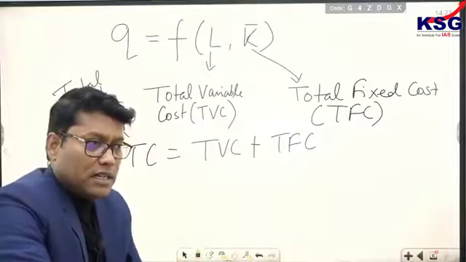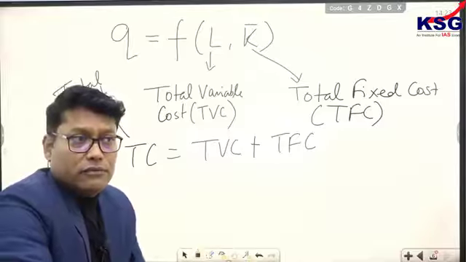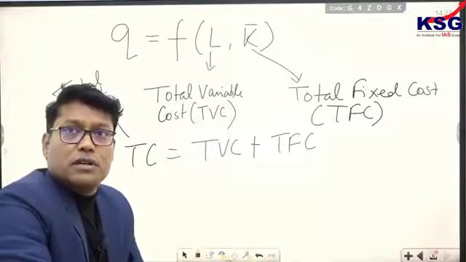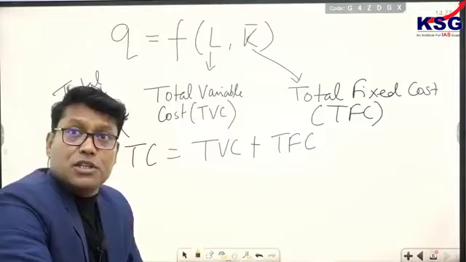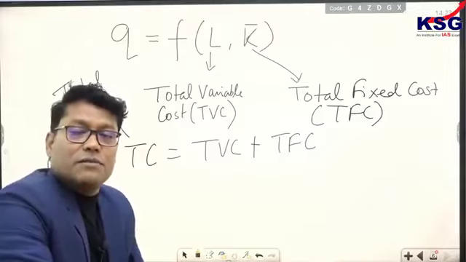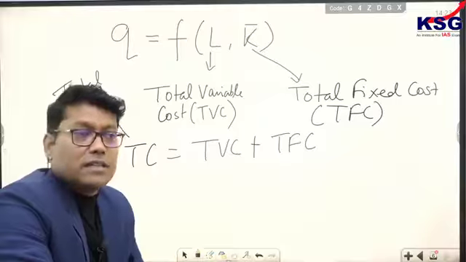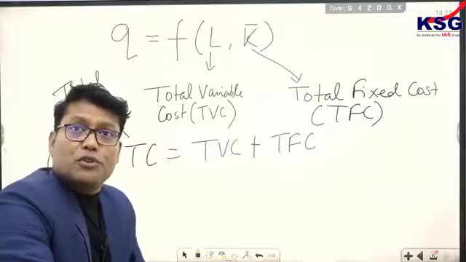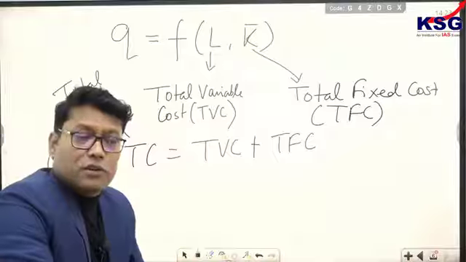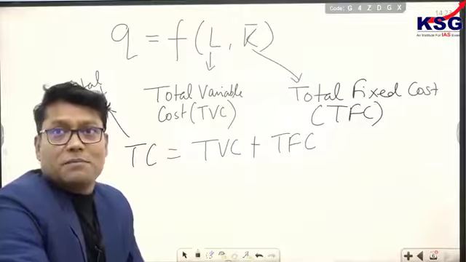If level of output is 0, TFC, total fixed cost, will remain same. Then you write, if level of output changes, then again TFC will remain same.